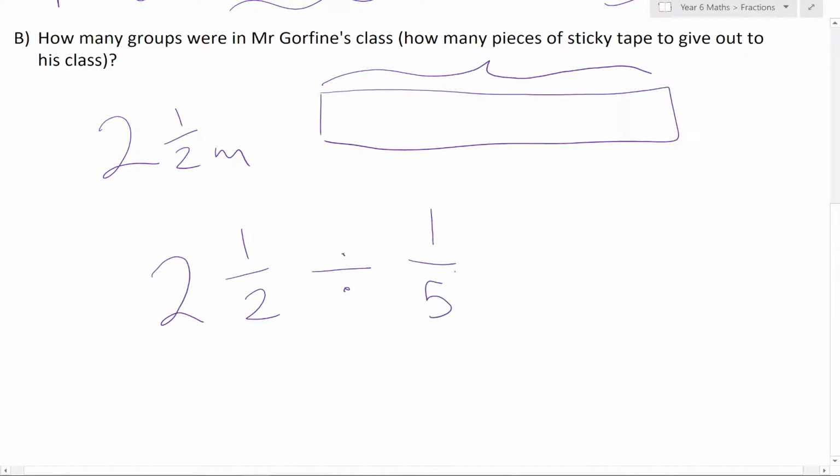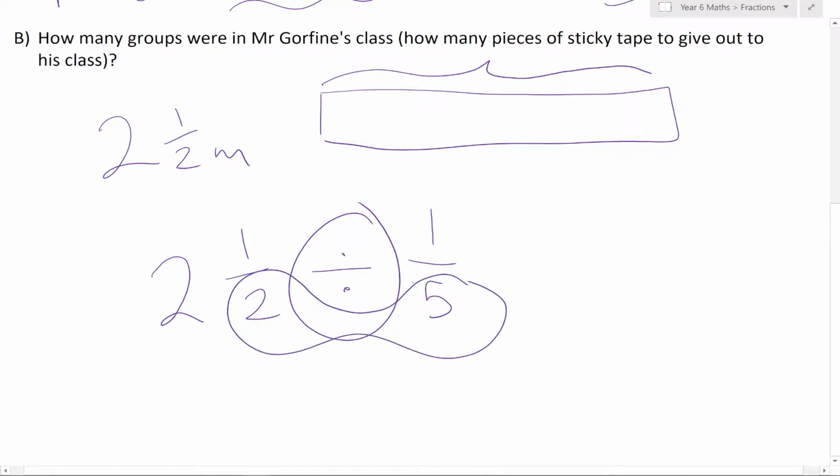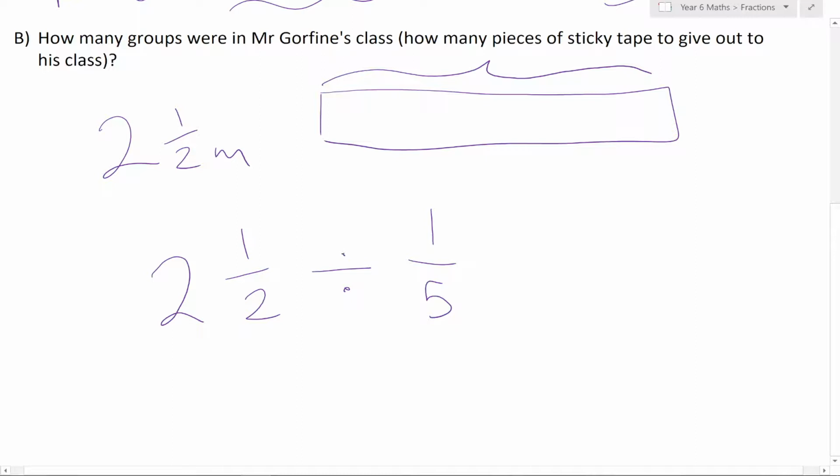1/5 meters of tape. So when we're doing fractions that have division or multiplication, remember we don't want the denominators to be the same, or it doesn't need to be the same. Instead, we're wanting to simplify first. So to begin with, I'm going to need to make my 2.5 into an improper to begin with, so that it can work better.